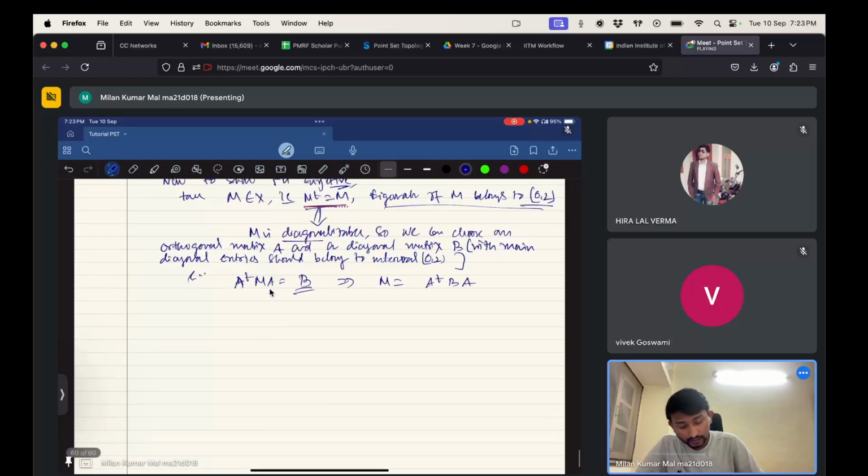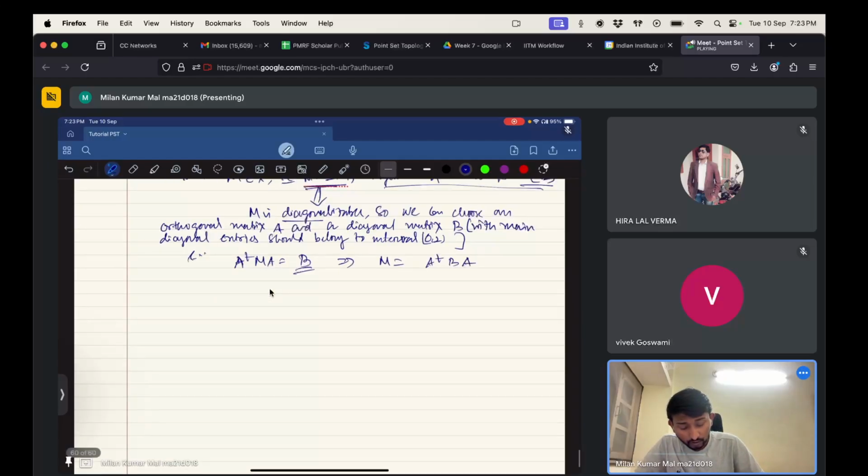But note that, if we are in complex spaces, then this A will not be an orthogonal matrix, right? Then A can be a complex matrix. But as we are in the real case, A will always be an orthogonal matrix.